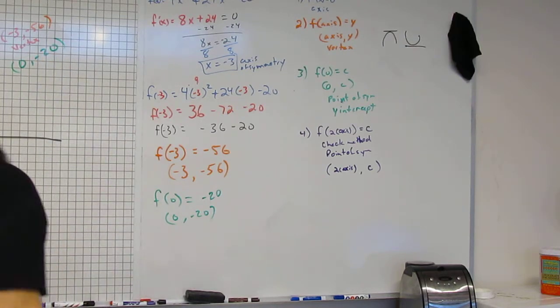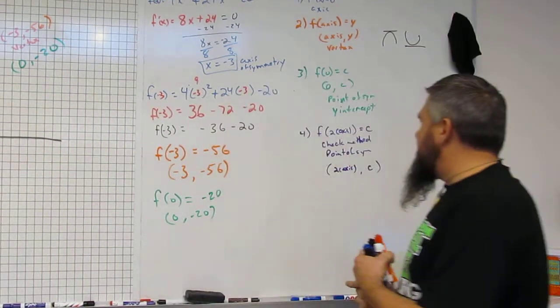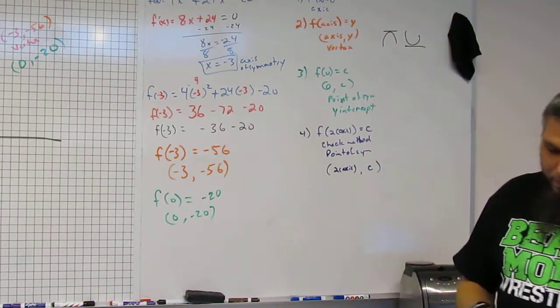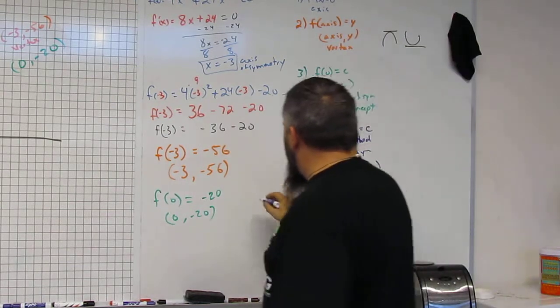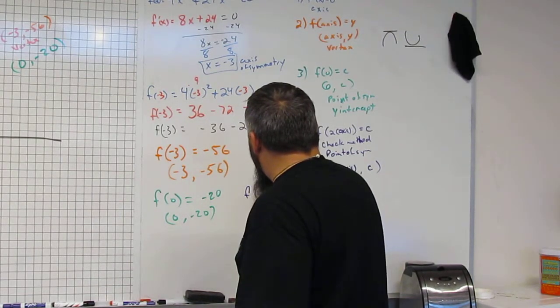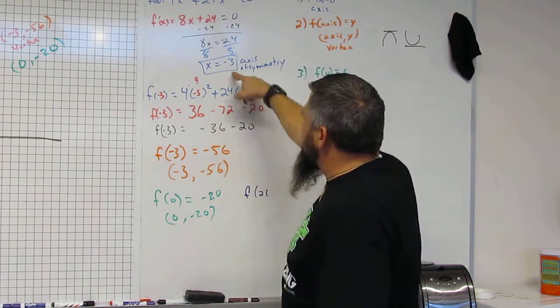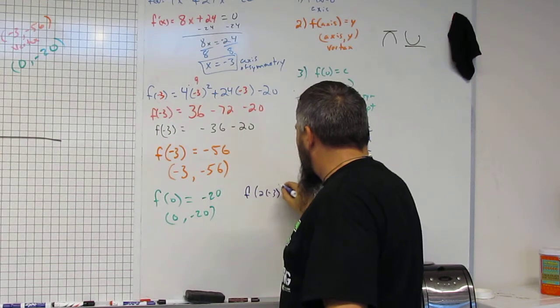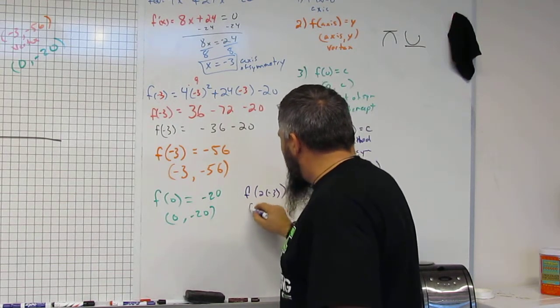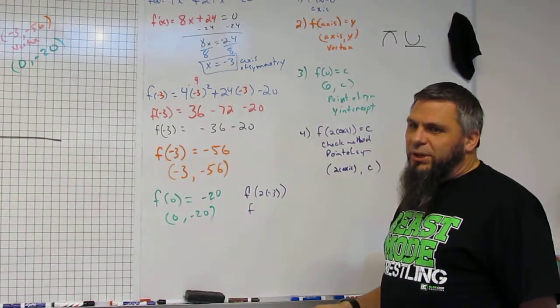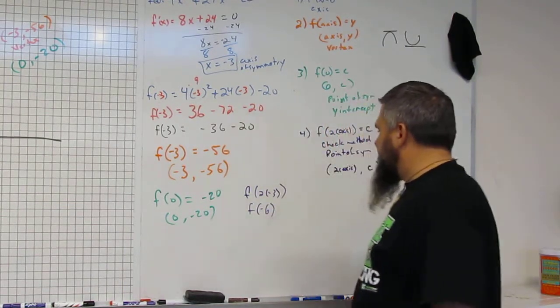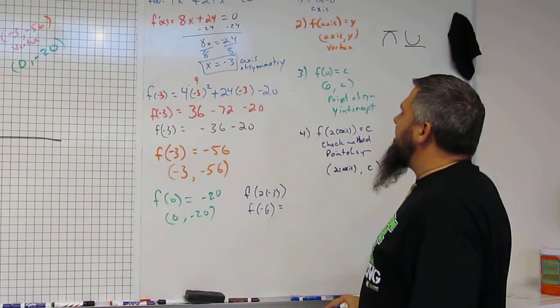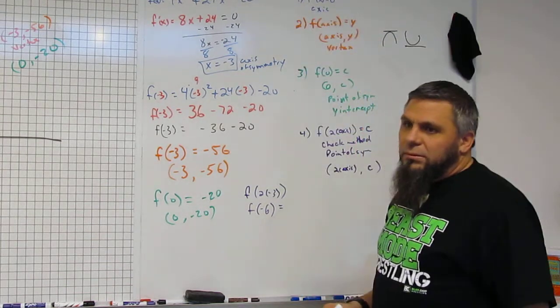Now, my last point should be pretty easy. I should be able to just plug in f of 2 times the axis, and the axis is negative 3. That would be 2 times negative 3, which would be negative 6. Oh, yeah, it's not negative 2. Then we plug that in, and we better get negative 20.